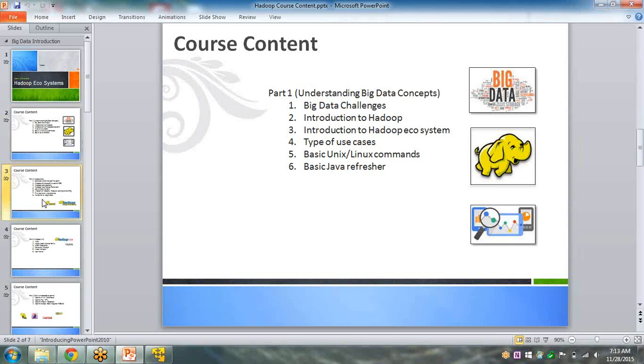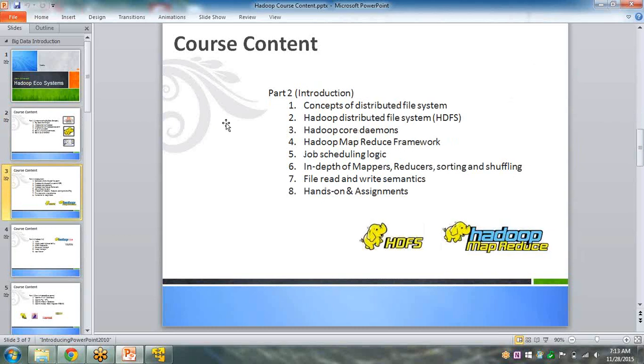The second part is where we'll start the Hadoop discussion. We look at the foundation, that's the file system, and the core daemons that make up the Hadoop framework, and then MapReduce, the various aspects in MapReduce, like the job scheduling mechanism, and the important ingredients in the framework like mappers, reducers, and various other combinations.